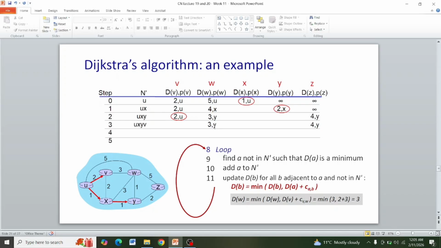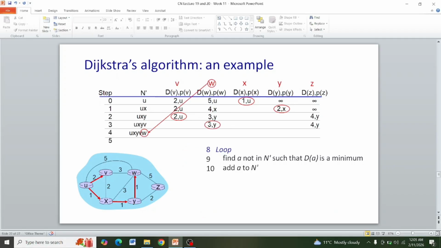Now we will have a look and see which cost is smaller. We see that the cost of w is smaller. Then we will pick this w and move it to our set N prime. Here we can see that right now the set N prime becomes u, x, y, v and w.